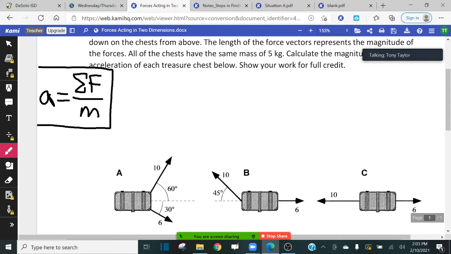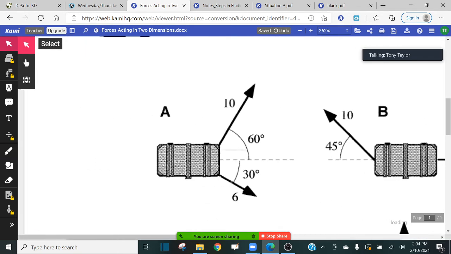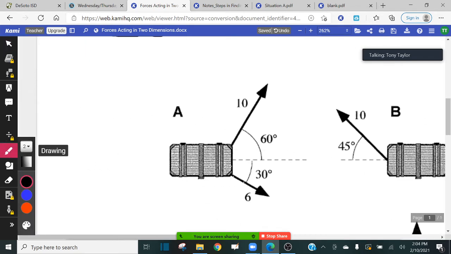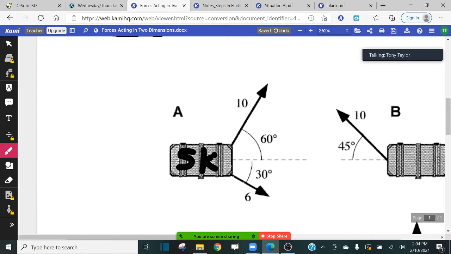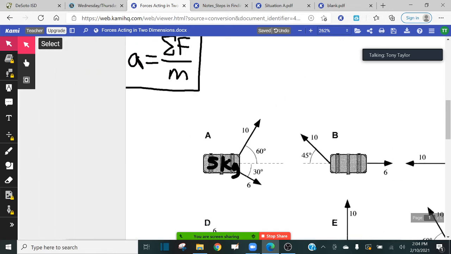Okay, so that's the equation we're going to use. Now, let's start off with situation A. Remember, the instructions said that all of the treasure chests have a mass of 5 kilograms. So that treasure chest there has a mass of 5 kilograms.